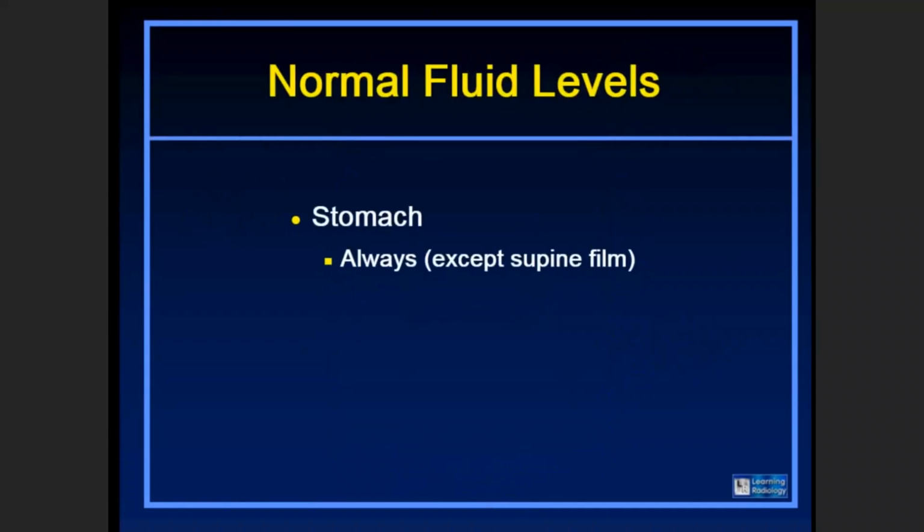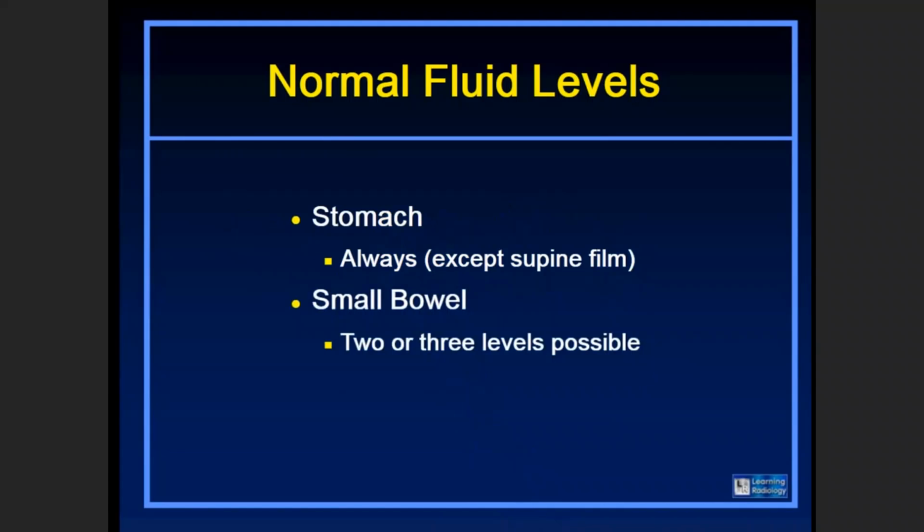After the distribution of gas, we have normal fluid levels. The stomach always, except in supine films, has a single air fluid level between the fundus and the rest of the stomach.